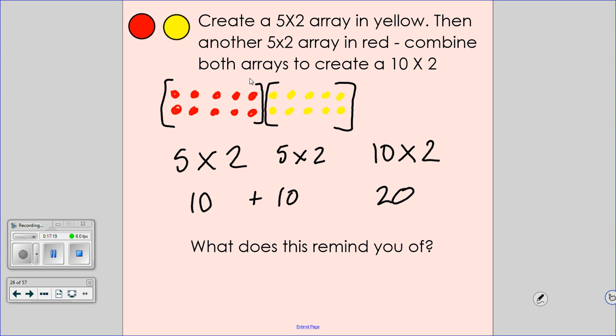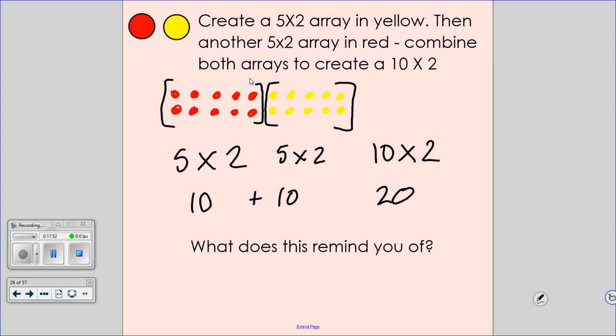Also reminds me of adding, but you still have an array. Just like addition, and multiplication is in 2 groups, and then in addition you'll just have 10 and 10. Interesting. Emily, what does this remind you of? Okay. Sabrina, what does this remind you of? Addition. Can I tell you what it reminds me of? Ryan, what do you think it reminds you of? Addition. Yeah.